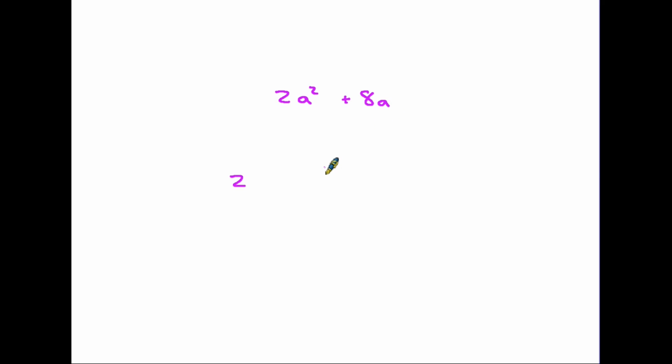The rules say we need to take out the highest power of a that is common to all of the terms. The way we actually do this is we take out whichever of them has the lowest power. In other words, we have an a squared and we have an a. What we can take out here is a factor of a. A belongs to both terms.